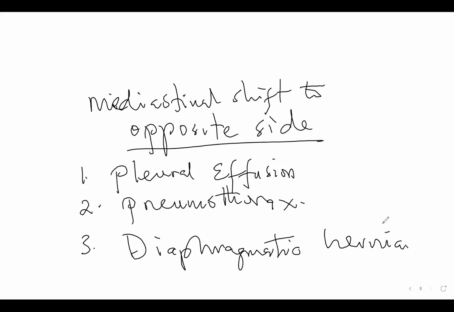So we've seen conditions that will cause no mediastinal shifts and conditions that will cause mediastinal shift to the contralateral side. What of conditions that will make the mediastinum shift to the affected side?